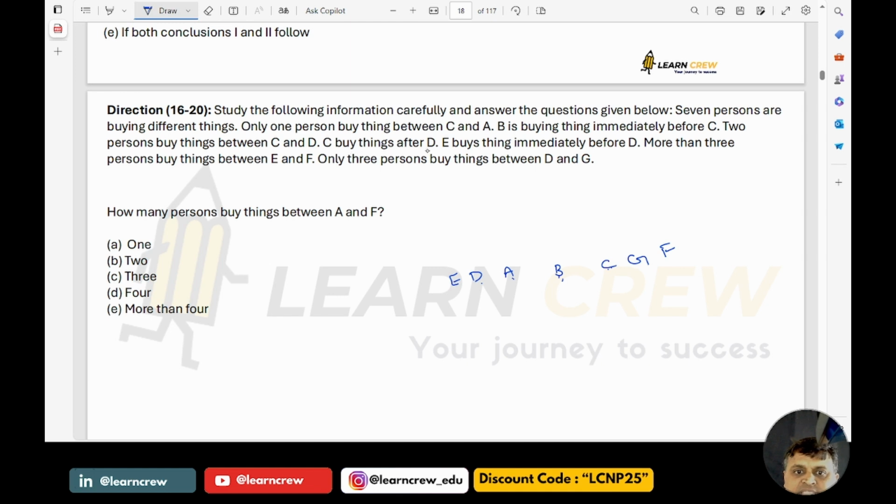And C buys things after D. 2 persons buy things between C and D. Now E buys things immediately before D. More than 3 persons, everything is satisfied. So now you can proceed. How many persons buy things between A and F? Between A and F, 3 persons. So option C is correct.